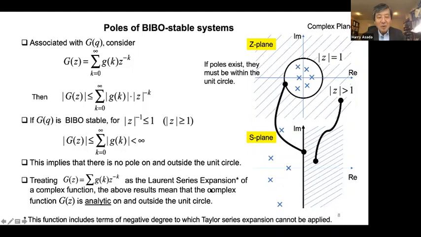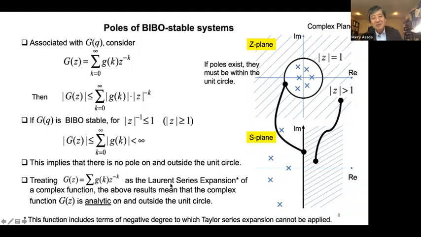And maybe you don't know the difference between the Taylor expansion and the Laurent series expansion. They are very similar, but the Laurent series expansion is broader, and it can be applied to systems having terms with a negative order, minus k.